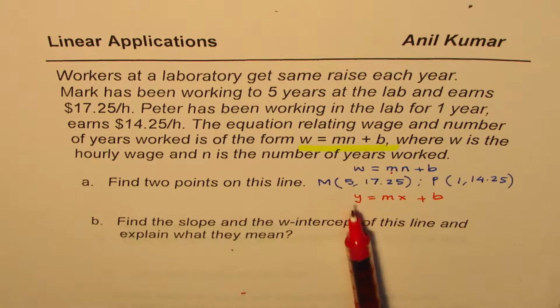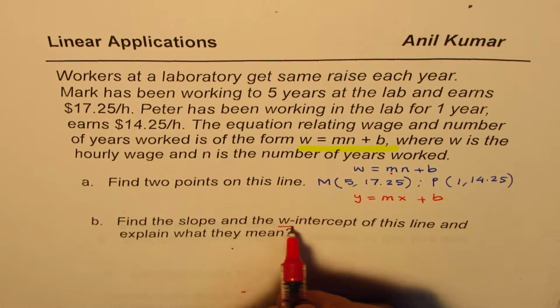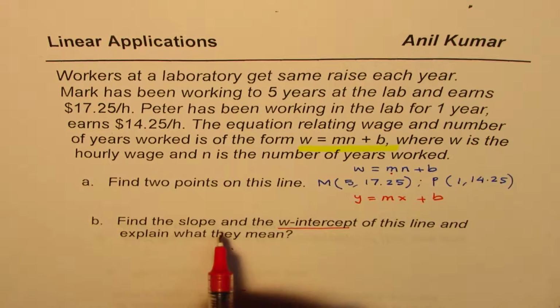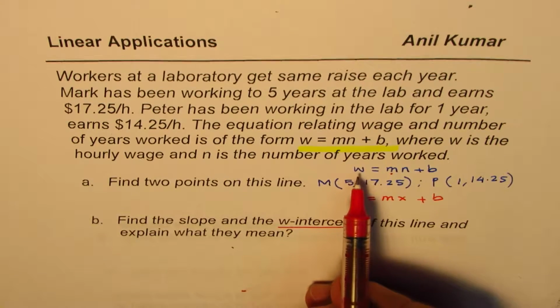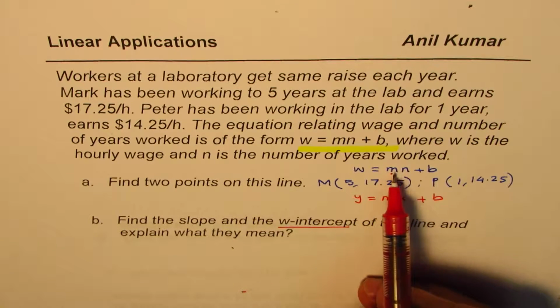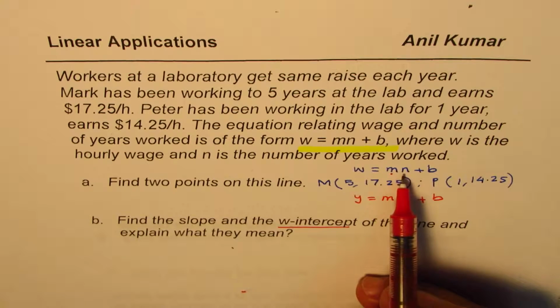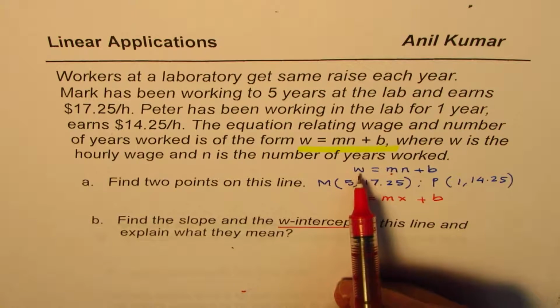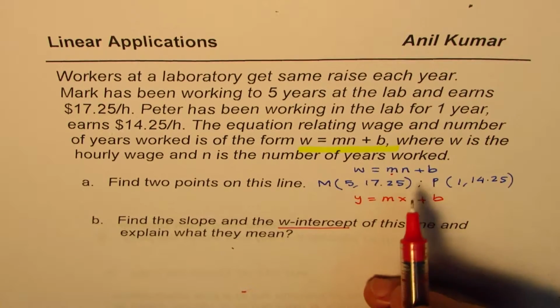Here the y-intercept is called the w-intercept. The w-intercept means: if the number of years worked is 0, then what is the value of W? That means for a person who joins recently.